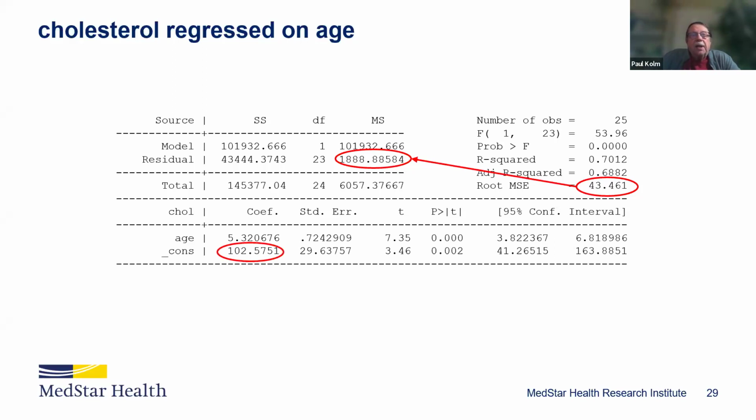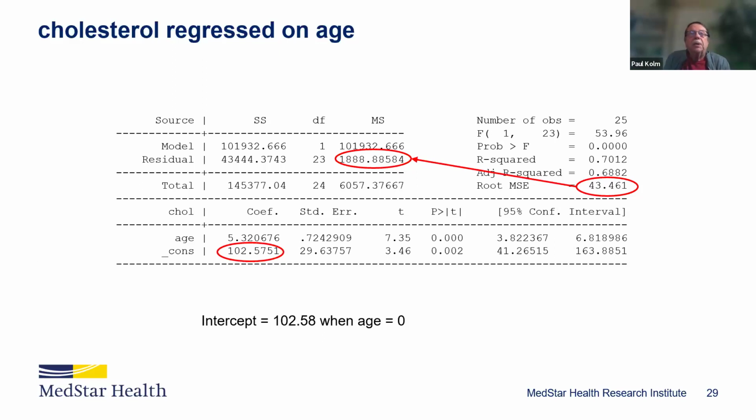And then the constant that you have down here, 102, in just a simple regression like this would mean the intercept, which is the value when the independent variable equals 0. So that's the intercept when age would equal 0. But of course, age equal to 0 isn't very meaningful.